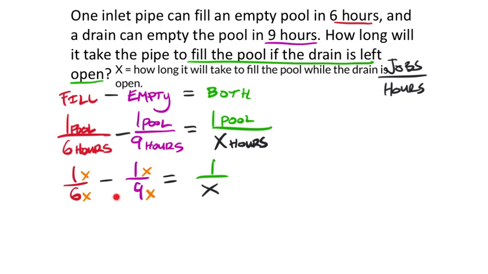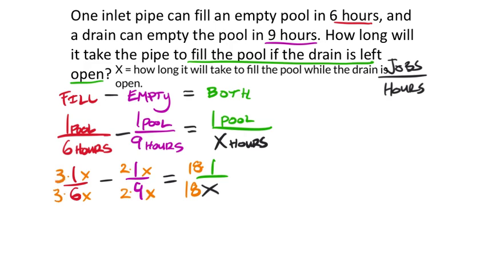6 and 9 are not multiples of each other, but I can find a common multiple of 18 with these. So I'm going to make it an 18 denominator. The X I could just multiply by 18, and so the 1 by 18 as well. The 9 I'd have to multiply by 2, and so the 1 by 2 as well. The purpose of the 2 times 9 is to make that 18. The 6, I'm going to have to multiply by 3. So what do I get out of this?